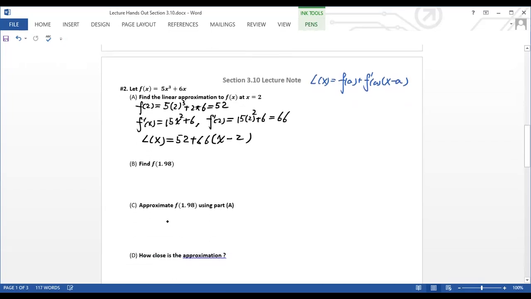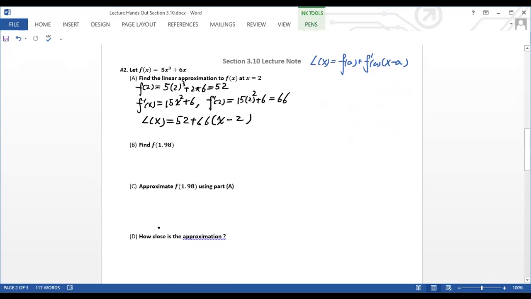Now this linear approximation means I try to approximate values very close to x equal to 2. If I want to find f of 1.98, and you want the real value, you plug it into the formula: 5 times 1.98 to the cube plus 6 times 1.98.